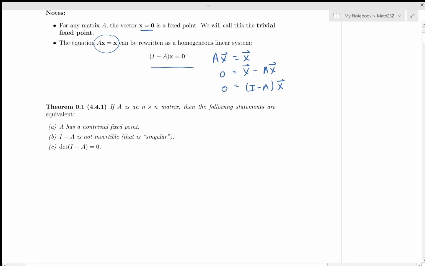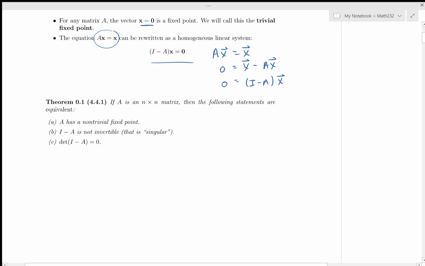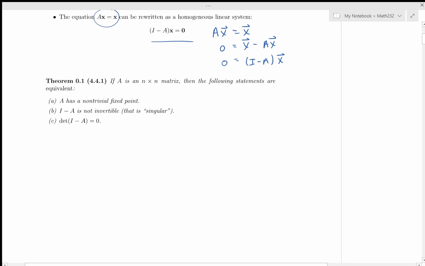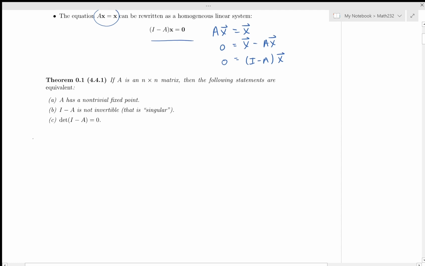So where does this theorem come from? This is coming directly from our unifying theorem that we've been adding to, and we'll add to again today. Let me just remind you of this. It keeps getting more and more parts as we go along, and its latest incarnation that we've seen is in 4.2.7.